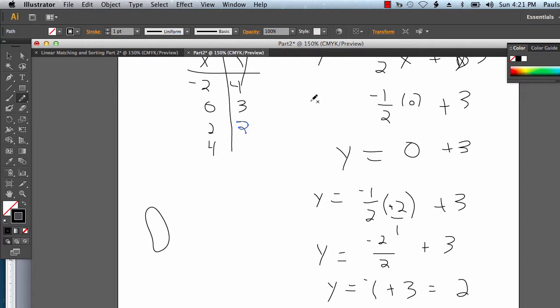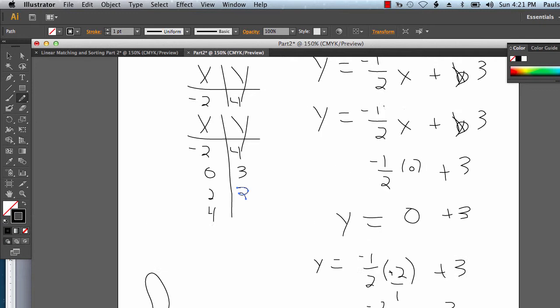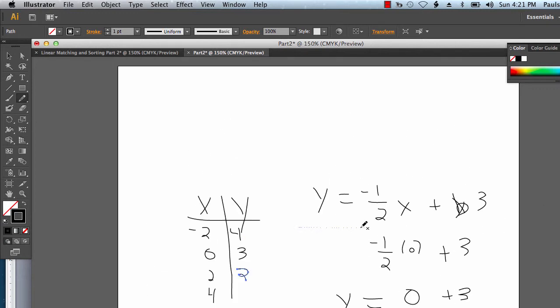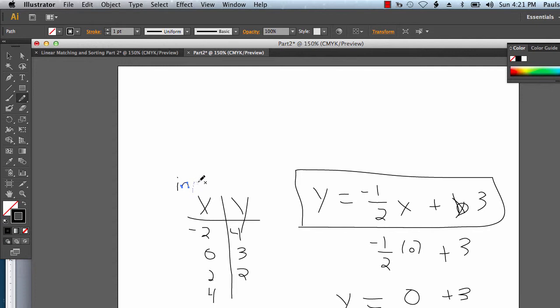Alright, so remember what we're doing. This is the equation of the line for example 1. Anytime you plug in values for x, you're churning out the output values.